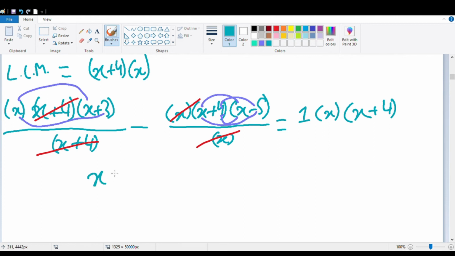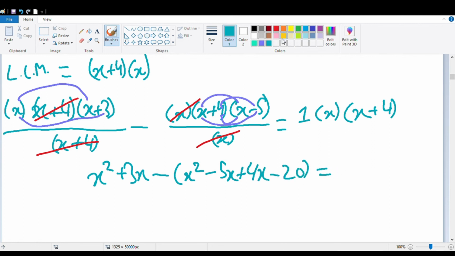We get x squared plus 3x minus, in bracket, x squared minus 5x plus 4x minus 20 is equal to x into x squared plus x into 4 is going to be 4x.